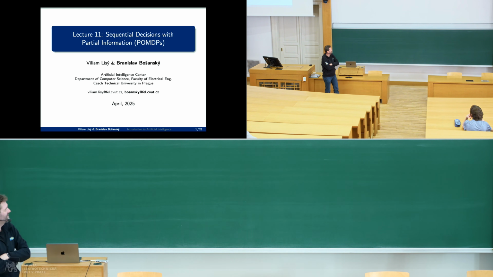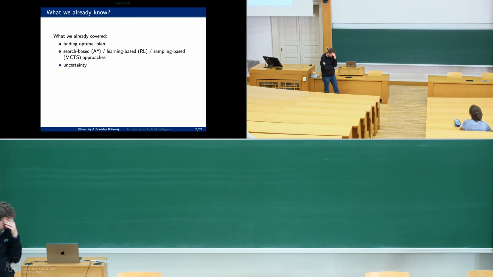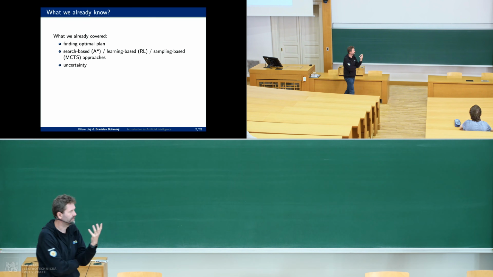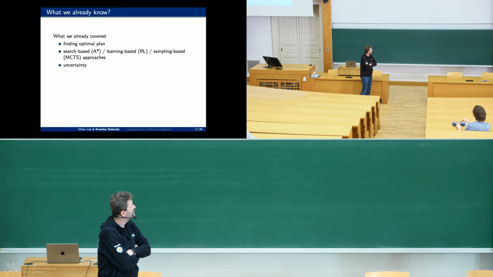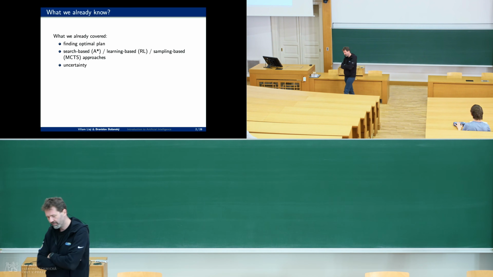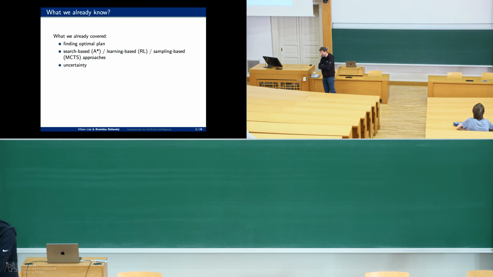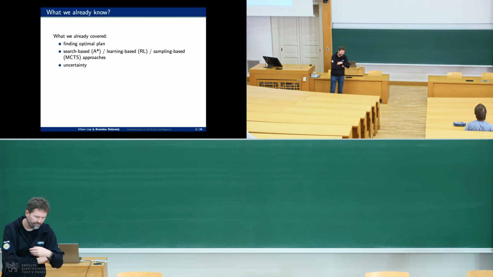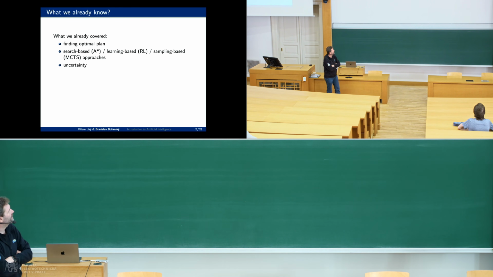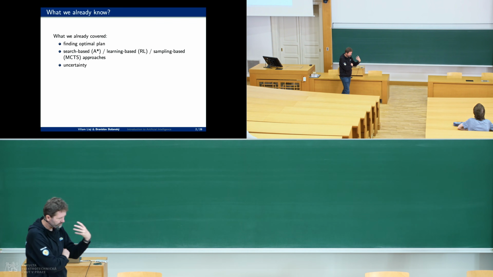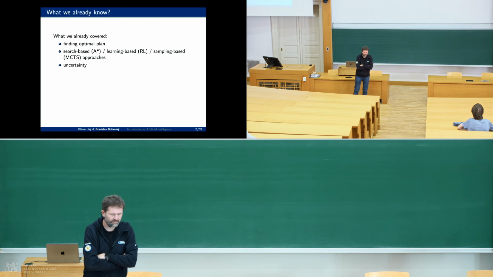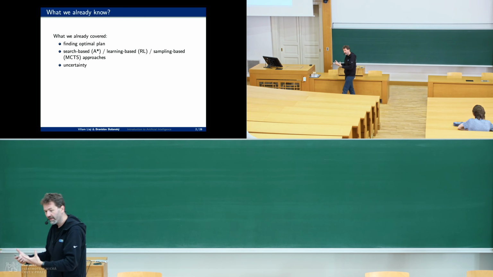Anyway, let's dig in. So what we have already covered so far: we have focused on single agent decision making, then briefly we talked about games, and we covered deterministic cases and stochastic cases. We learned about reinforcement learning.